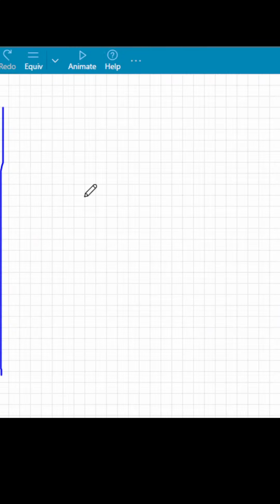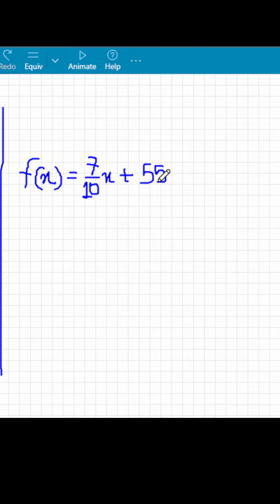So we'll first write the given function that we have, which is f of x is equal to 7 by 10x plus 55. Now we will see what is f of 20. So we'll put x is equal to 20 in the function.